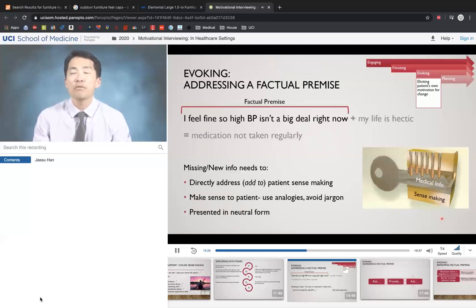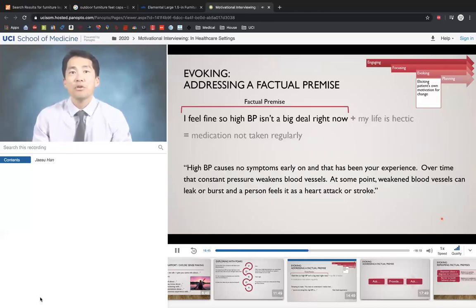So if you think back to those examples I mentioned earlier, I began those statements with things like, you have to understand that or realize that. I've really already handicapped myself there because I'm talking down to the patient. So presenting it more neutrally is oftentimes going to be much more effective. So what is an example of a more neutral statement?